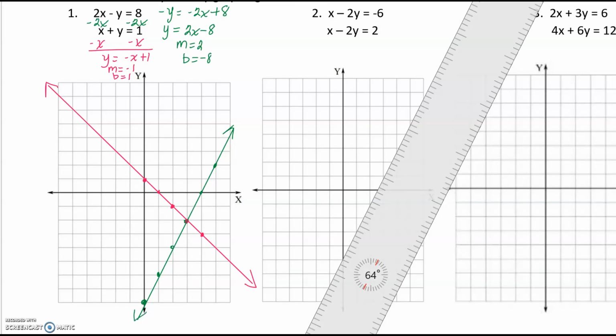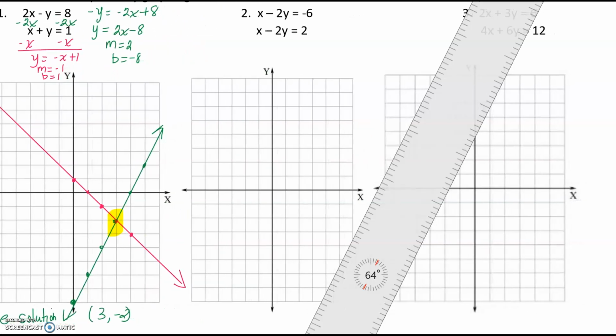And I have now identified that my point of intersection is right here where I'm highlighting in yellow. And so it has one solution. And that solution is I'm going 3 over on my x and down 2 on my y. So it's an ordered pair, 3, negative 2.